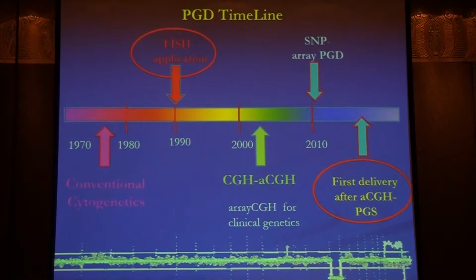Then by the early 90s, the FISH technique, or fluorescent in situ hybridization, the combination between molecular genetics and cytogenetics, developed at that time. And then by the 2000s, CGH and its application started. And almost 5 years ago, the first delivery of a baby after PGS, or pre-implantation genetic screening, using the microarray technique.